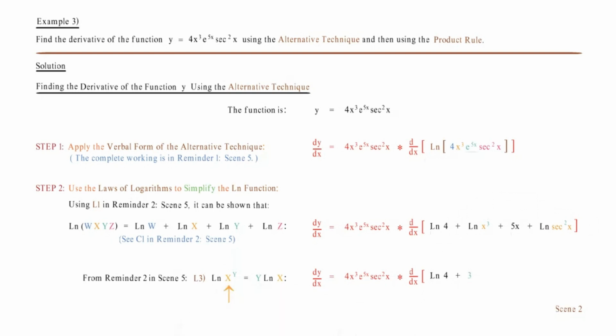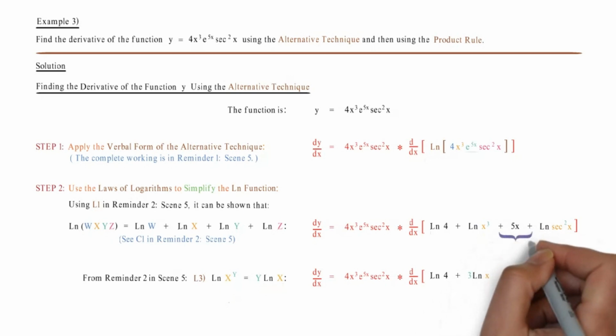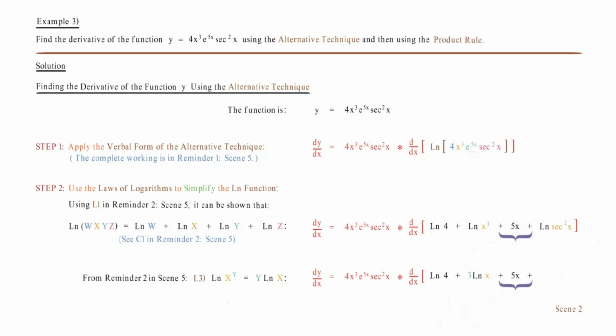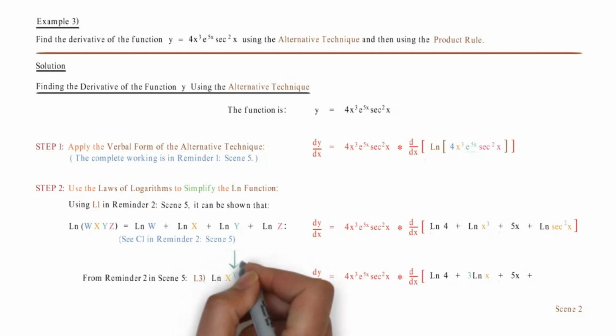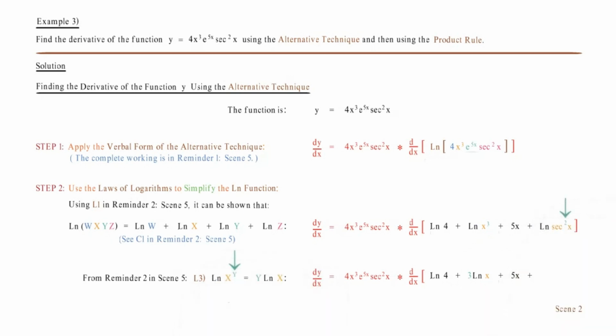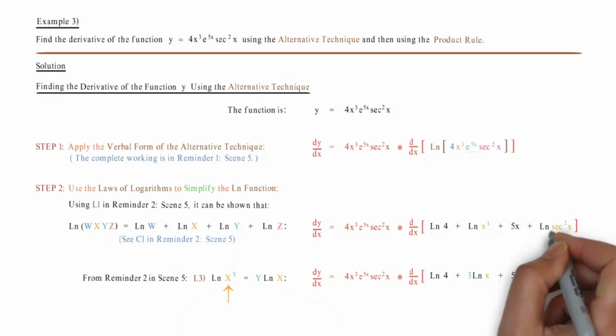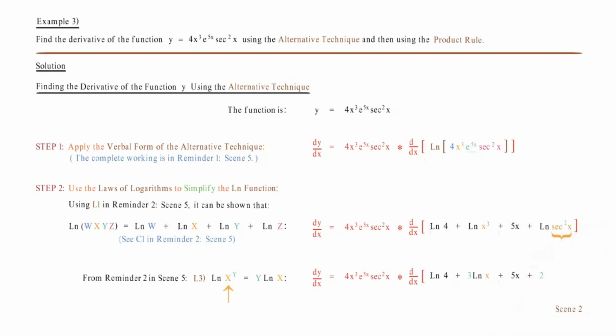Since x is x, ln of x is ln of x. Bring down. Since y is 2, replace y with 2. Since x is sec of x, ln of x is ln of sec of x.